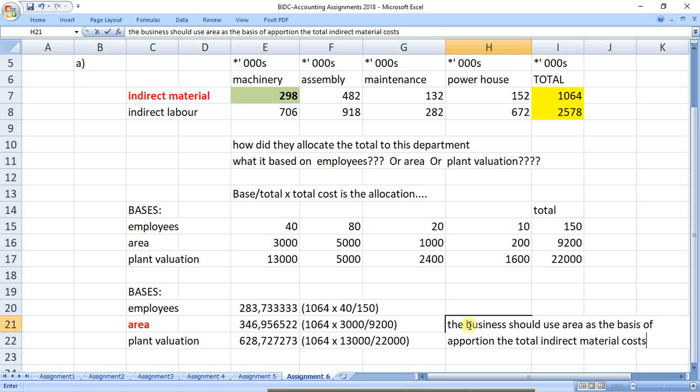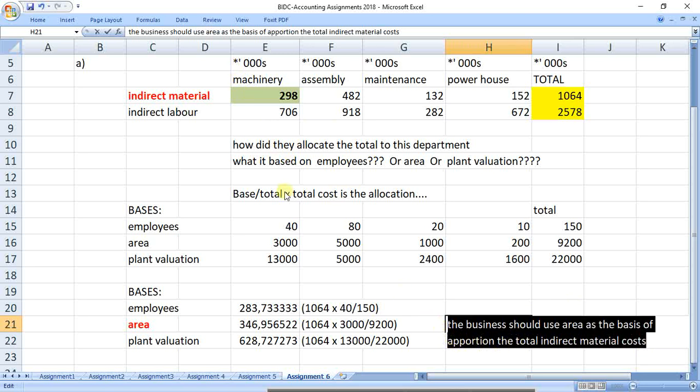Okay, they said analyze the above indirect costs between the 4 departments, showing the basis of apportionment you have used. Alright, so I've shown all 3. I've shown the basis of allocation for the employees, the area, and the plants. And I've said that the best one I think that they should use is area.